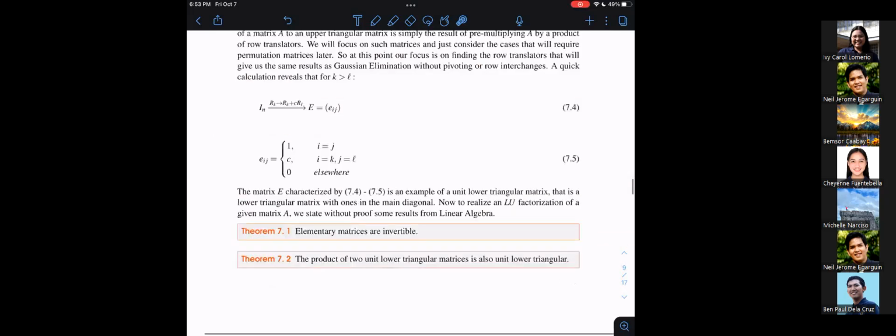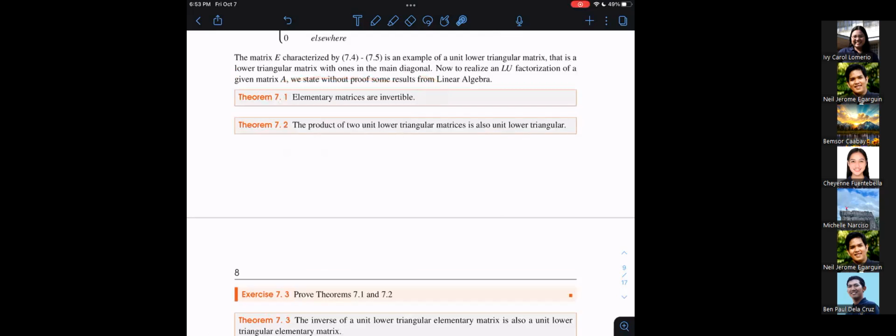Okay, ang elementary matrices ay laging invertible. Tapos alam natin na ang product ng invertible matrices ay invertible din. Napaisip ako bigla. Totoo ba 'yun? Kapag si A at saka si B ay parehong invertible, so yung B inverse times A inverse, siya yung inverse ng product.